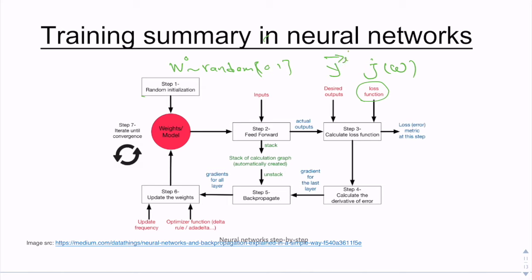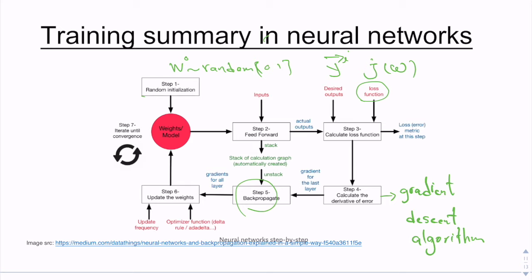And then we calculate the derivative. So this is basically what you do, the gradient descent algorithm. And then how to compute the derivative using backpropagation, and then update the weights.